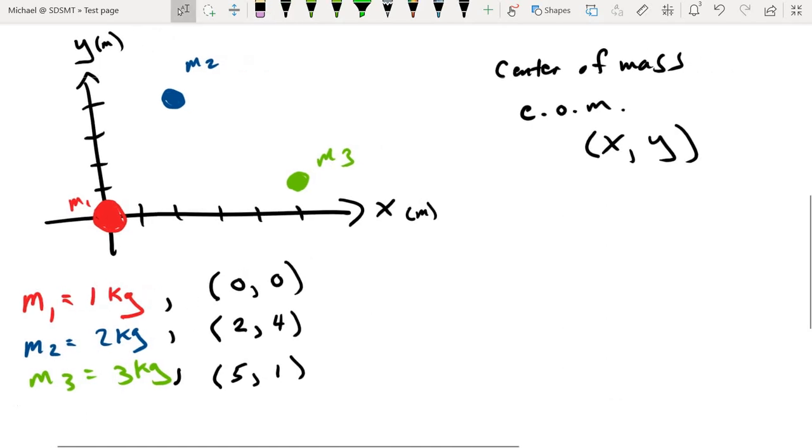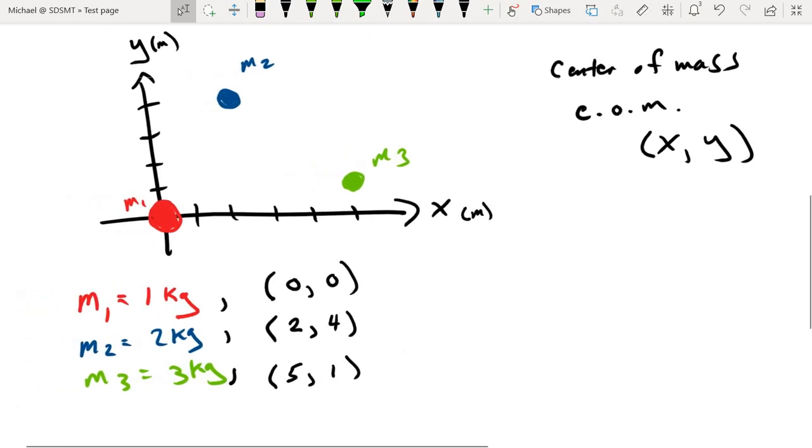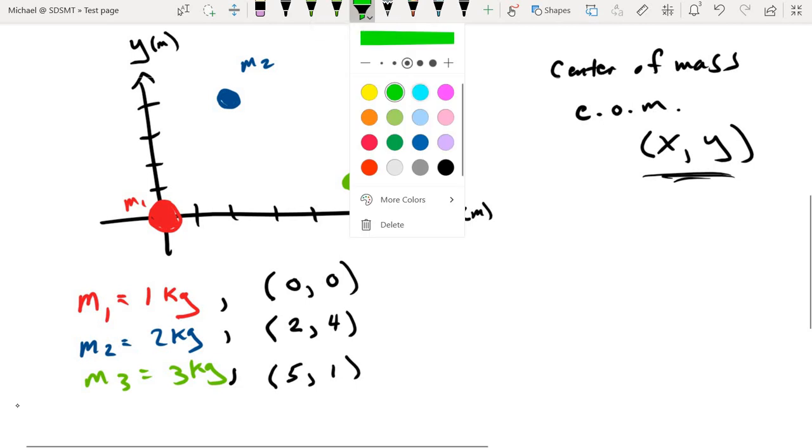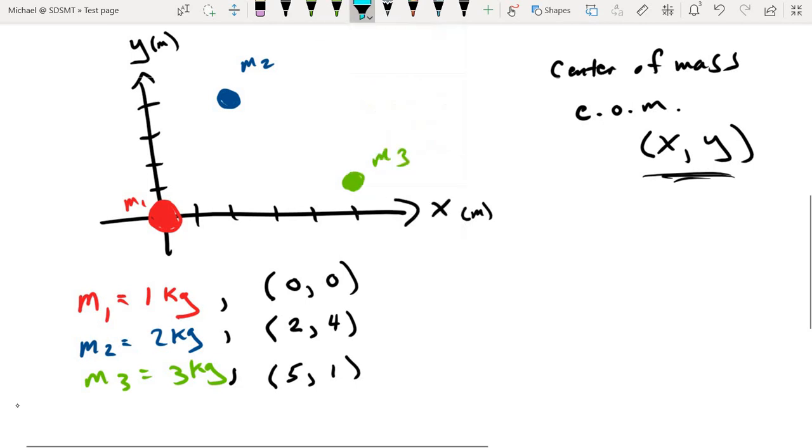Okay, so that's all the information that we're given about this system. And now it's our job to find the numerical values of the center of mass for the system. And as the name implies, we're going to be looking for a point somewhere within the center of where all of these masses are placed.